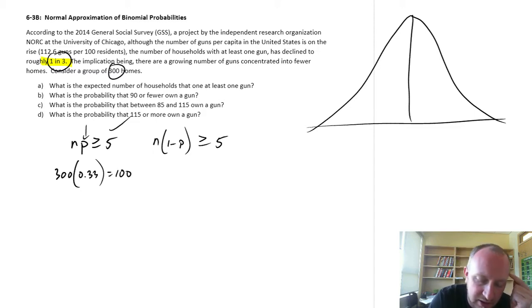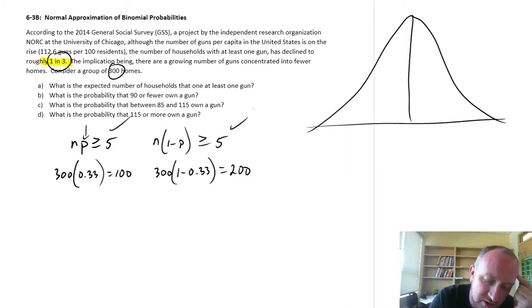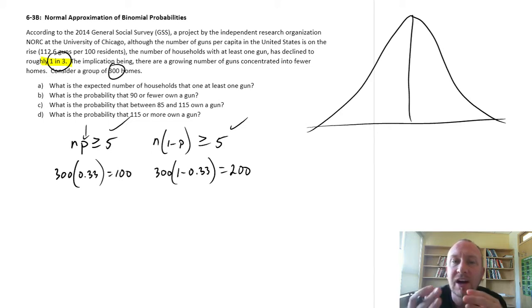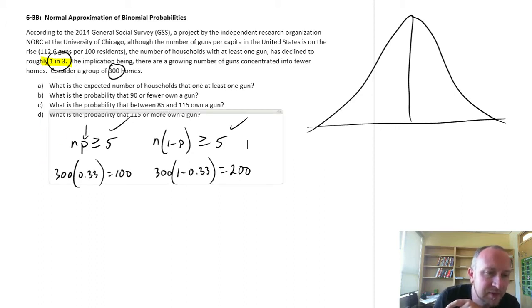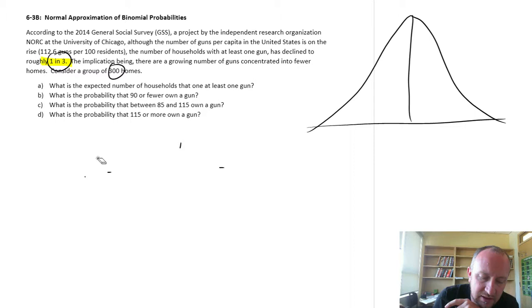And the same here: 300 times 1 minus 0.33 is roughly 200, so that checks out too. Our sample size is sufficiently large that we can approximate these binomial probabilities safely enough with the normal distribution. So let's get into our first problem.